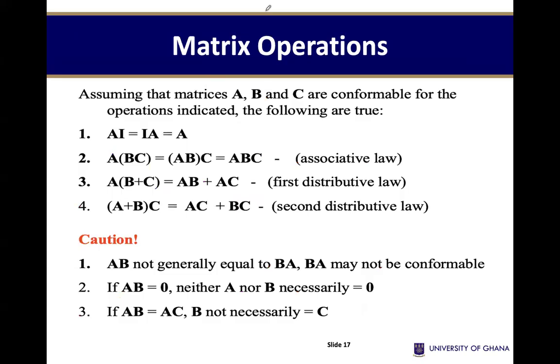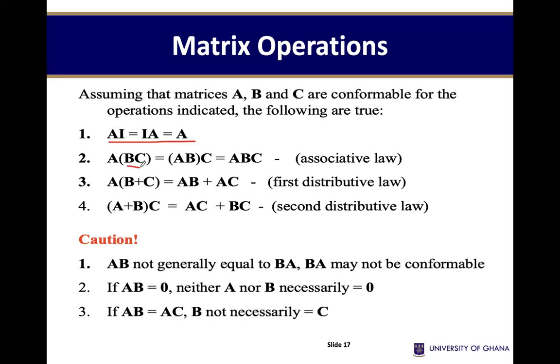Now let's look at matrix operations. We just saw this one not long ago. But the other one has to do with the associative law, which basically is dealing with the fact that if we have A, B, C, we can deal with the B, C separately.